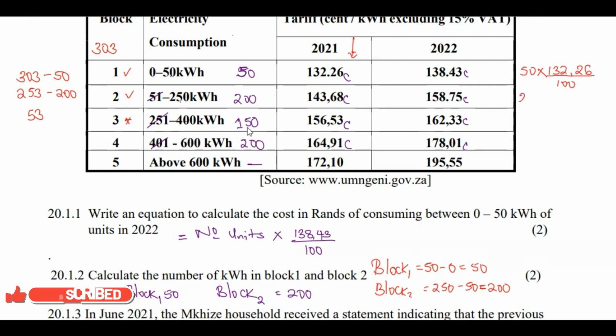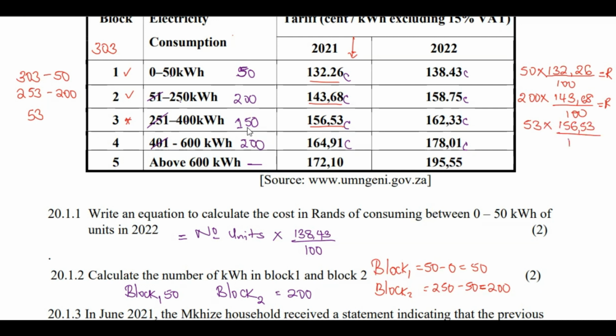If someone has used 200, how much are they going to get? 200 times 143,68 over 100. See that? The answers you get will be in rands. Then we go to block number 3. The person has used 53 kilowatts times how much? Here, block 3, we multiply by this, divided by 100. This is in rands.